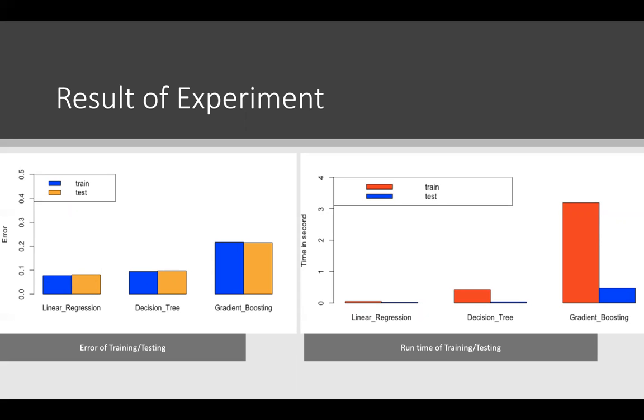It interestingly shows that the linear regression runtime of training and testing is really small, whereas the runtime of training and testing for gradient boosting is really high. That is because of the high complexity of gradient boosting that we just described before.